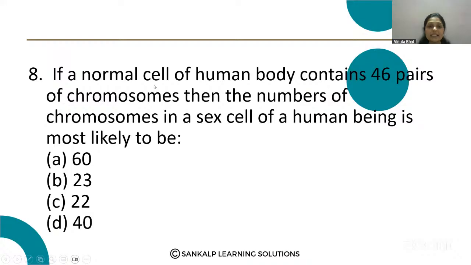If a normal cell of the human body contains 46 chromosomes, then the number of chromosomes in a sex cell of a human being is most likely to be?